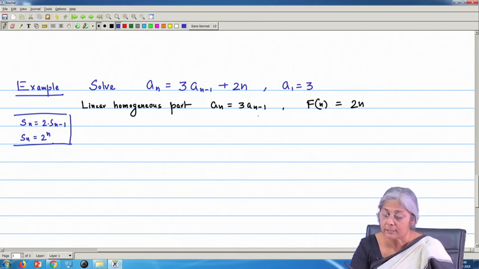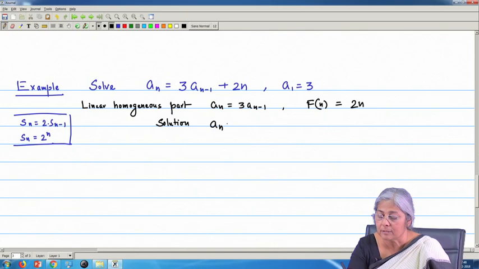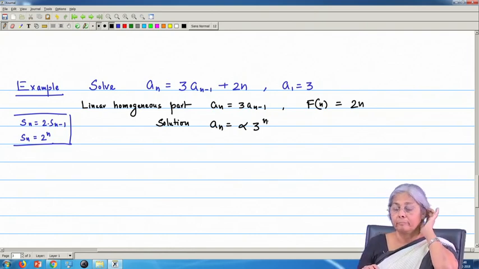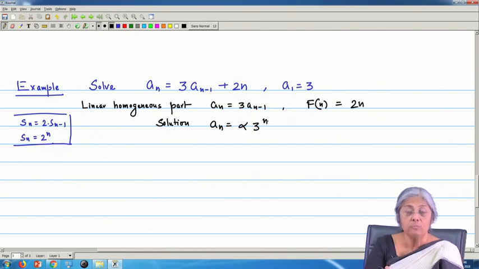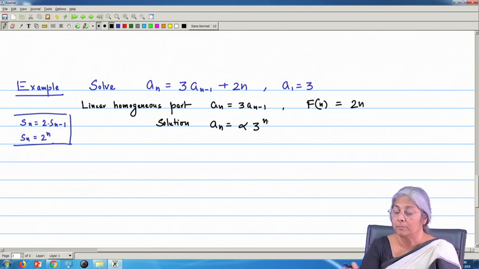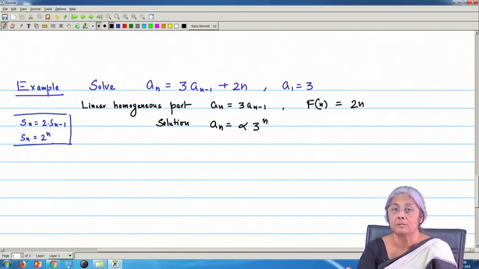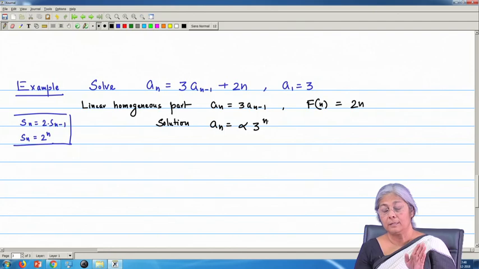So, the solution is of the form a n equal to alpha 3 to the power n. Since here there was only a linear homogeneous part, but this is a hybrid type, it has a linear homogeneous part as well as one function of n.